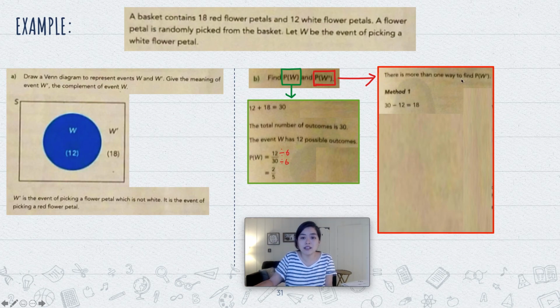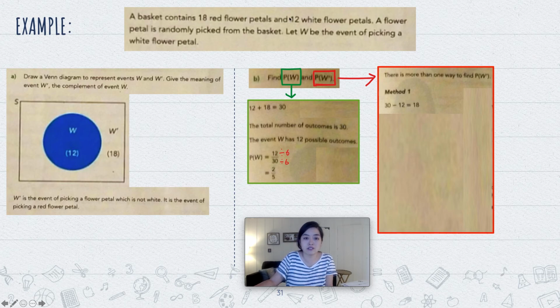We need to find the favorable outcomes for the complement of event W, which is 18. That is the total number of equally possible outcomes, which was 30, minus the outcomes for event W, which is 12, and then you get 18.